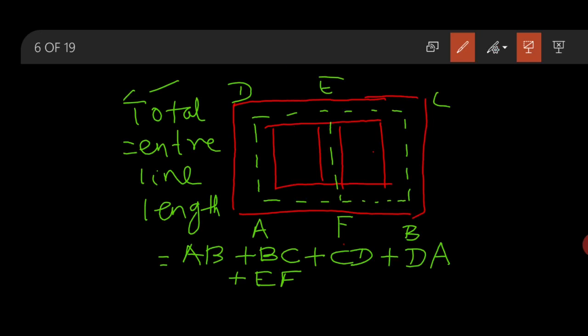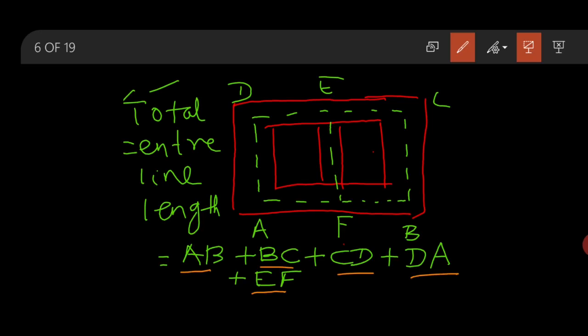If the center lines are named AB, BC, CD, DA and EF, then the total center line length will be AB plus BC plus CD plus DA plus EF.